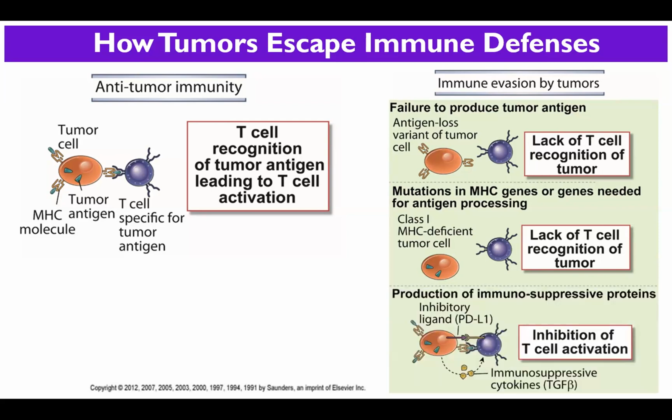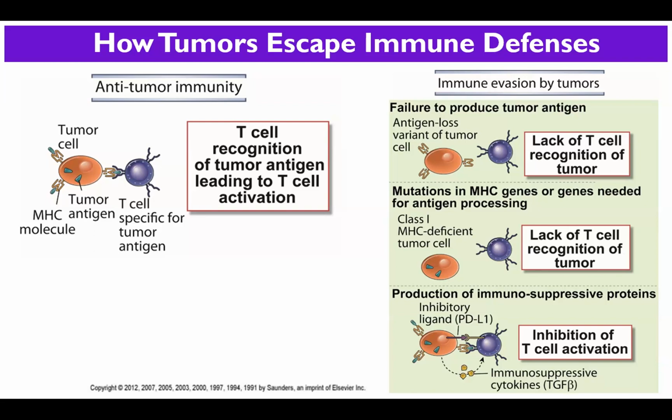Last but not least, tumor cells are notorious. They have figured out overproduction of immunosuppressive proteins such as TGF-beta, and programmed cell death receptor ligands, such that they end up inhibiting T cell activation.